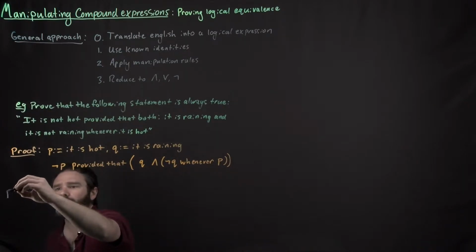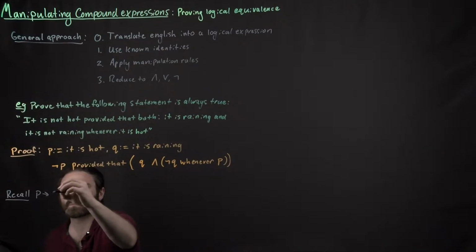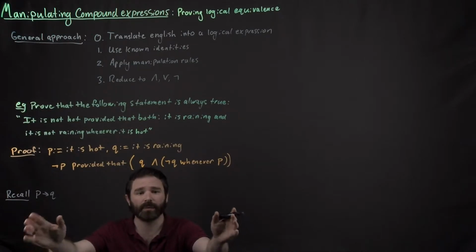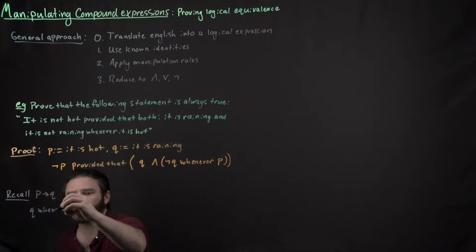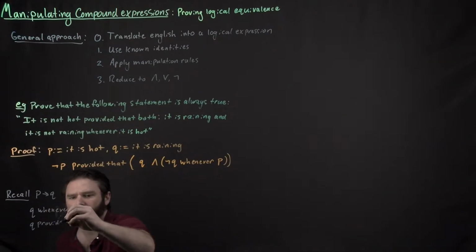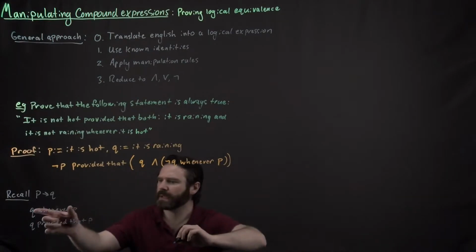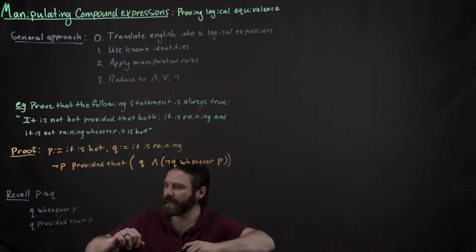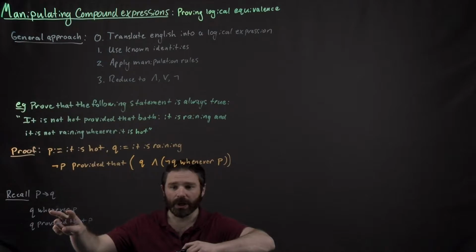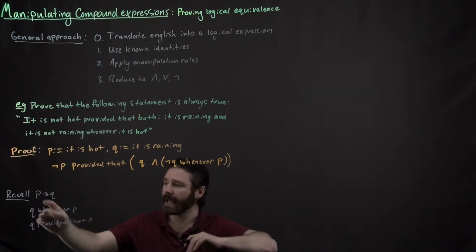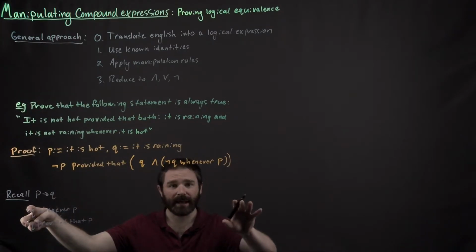And so we have to recall that of the many different ways that we could pronounce this implication, P implies Q, two of them were Q whenever P and Q provided that P. So whenever we see our keywords provided that or whenever, we know that the hypothesis shows up to the right of those keywords, and we see that the conclusion shows up to the left of those keywords.